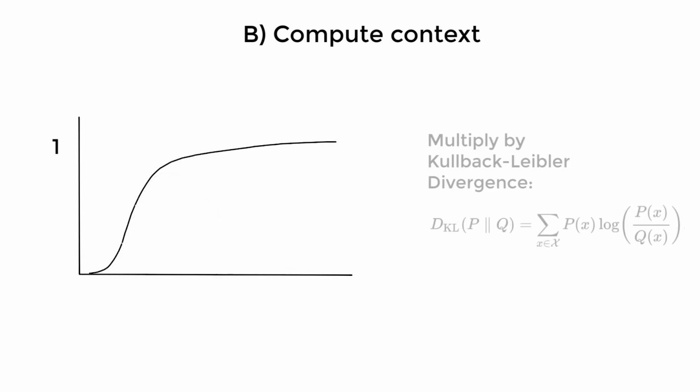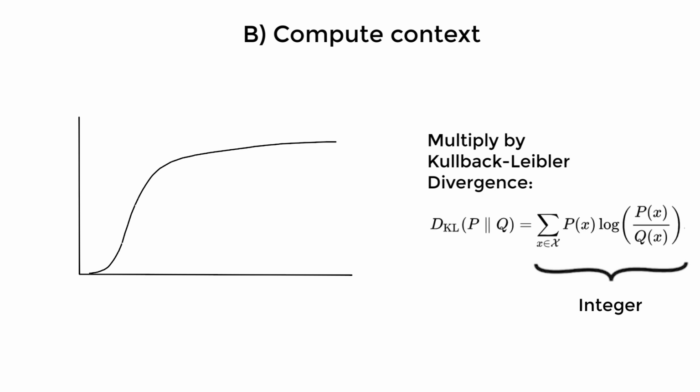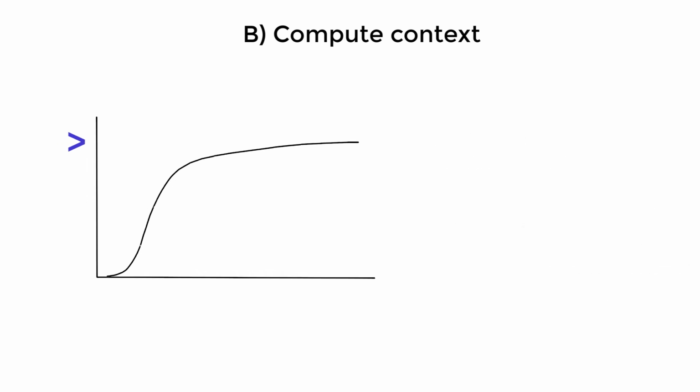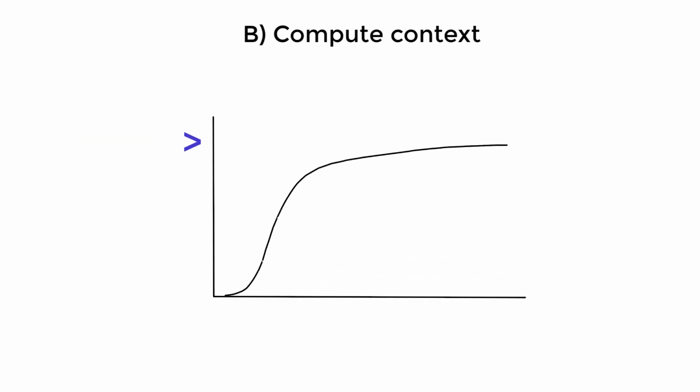Then we'll multiply this cumulative distribution by the Kullback-Leibler divergence between the green and purple PDFs, which is an integral. Now, the more different the purple and green curves are, the larger the KL divergence will be between them, and the larger this distribution will become. Finally, this is our context distribution.